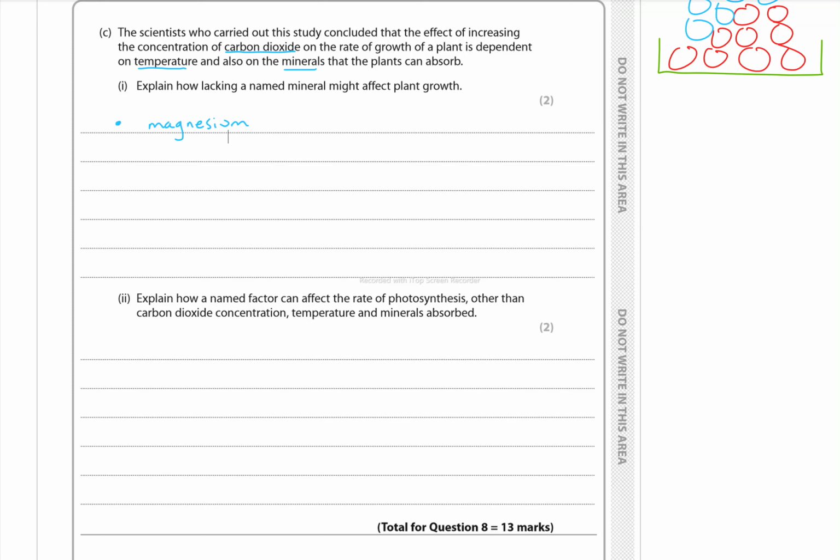What's going on there? Magnesium is for chlorophyll. It's used to make chlorophyll in the chloroplast, right?